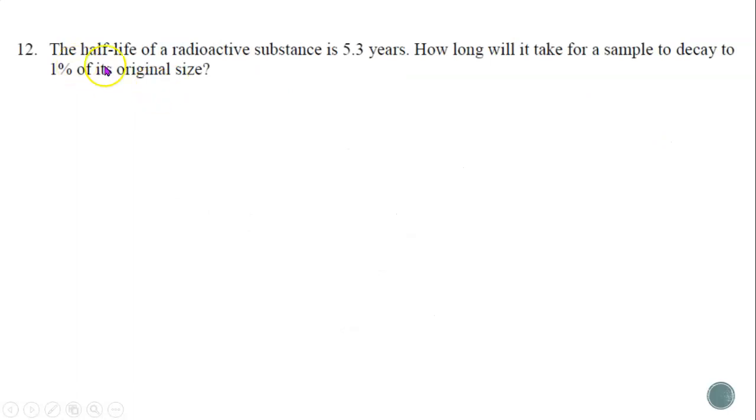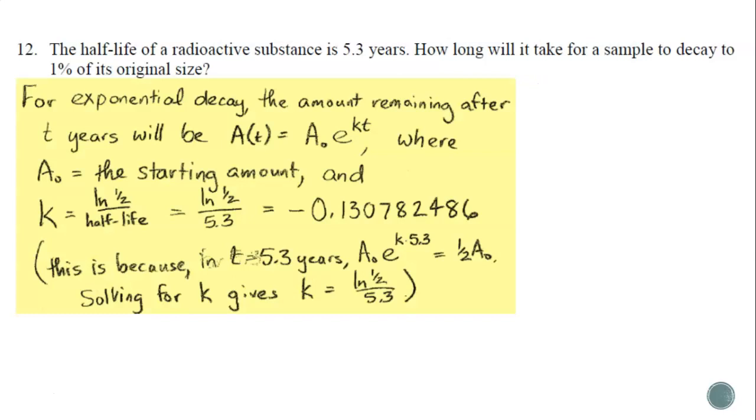Okay, last one. The half-life of a radioactive substance is 5.3 years. How long will it take for a sample to decay to 1% of its original size? So exponential decay means that after t number of years have gone by, the amount we have remaining is going to be the starting amount times e to the kt.